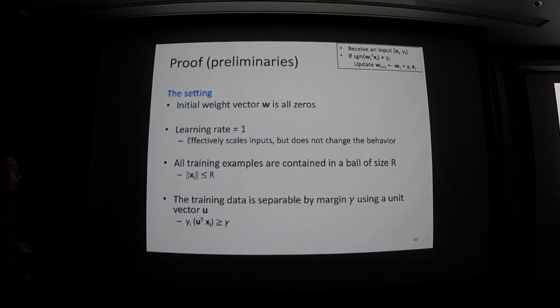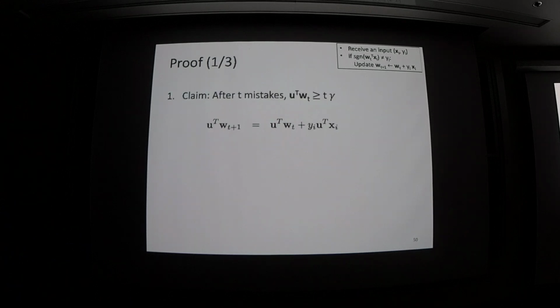And second precondition, we have a unit vector u which can perfectly separate the data set, and its margin is gamma. That means for every pair of xi and yi in your data, we have yi times u transpose xi is no less than gamma.